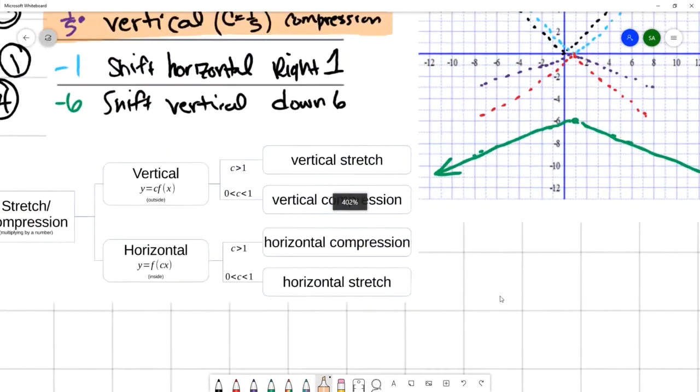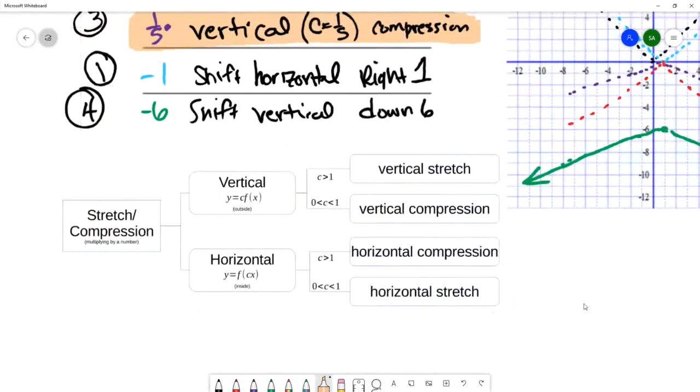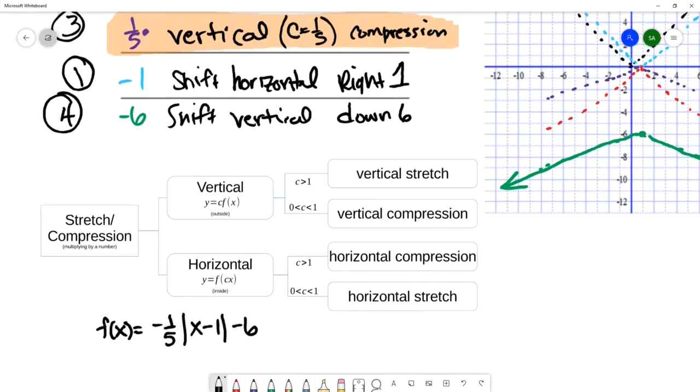And remember our problem, let's see if I can remember it, was f of x equals -1/5 absolute value of x minus 1 minus 6. So I'm going to be focusing on just this 1/5 here.